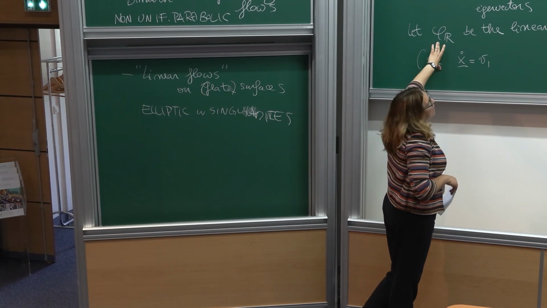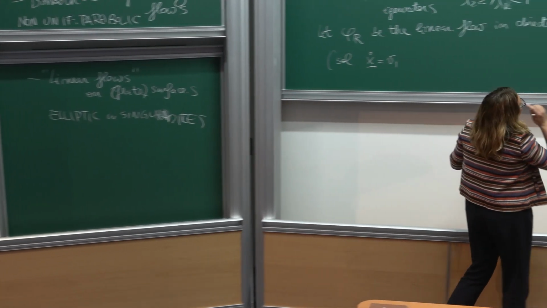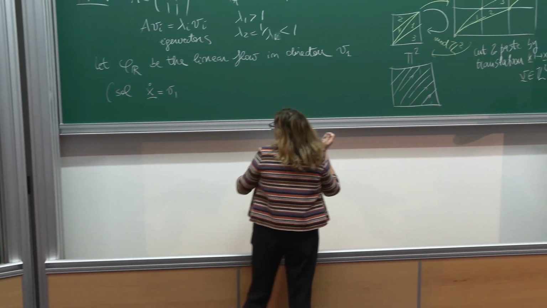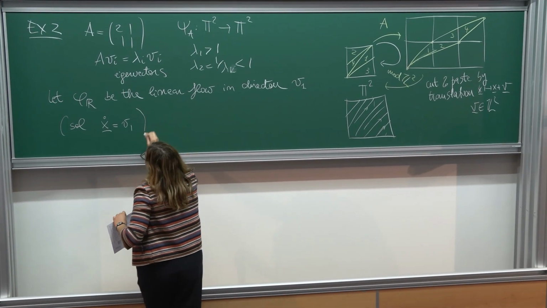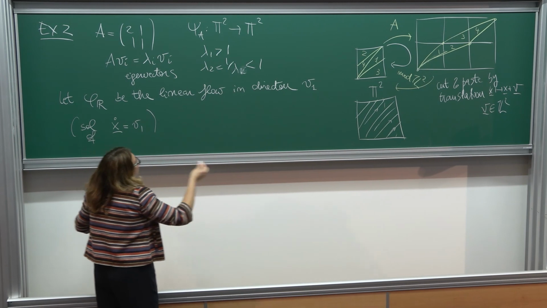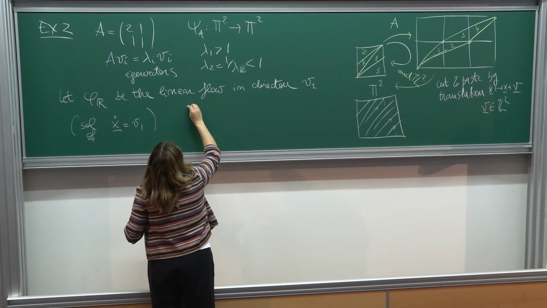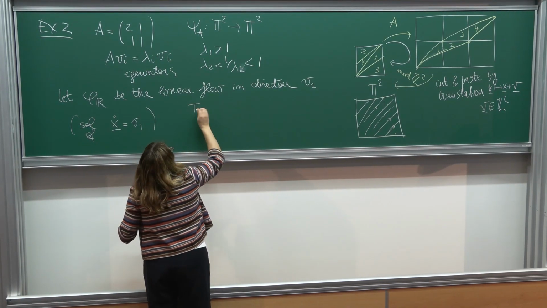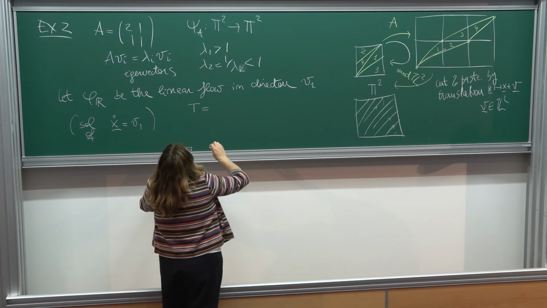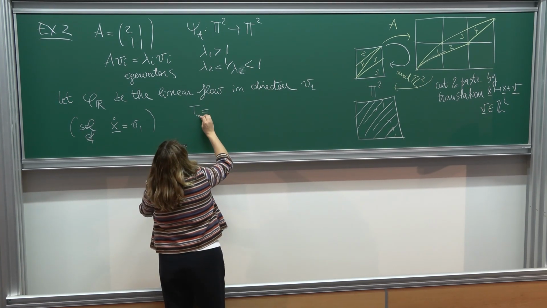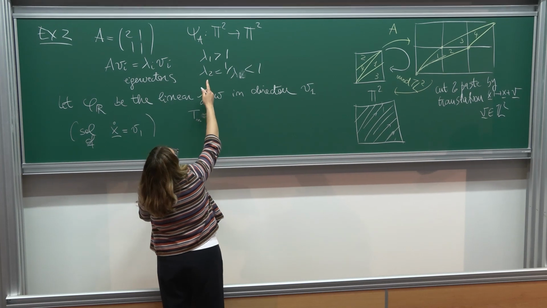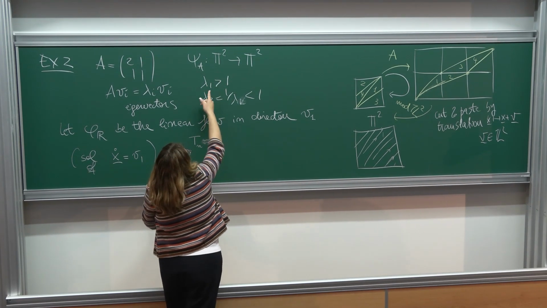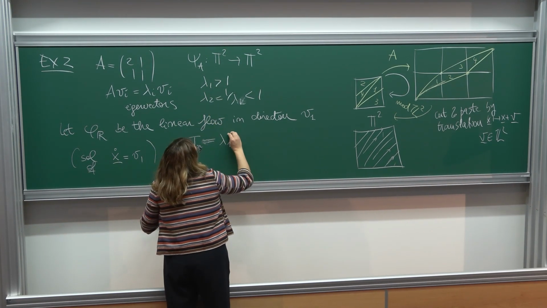And in this case, again, it is simple to see. I can take a long trajectory. Let me take t to be, or let's call it t_n, this time a sequence of times. I cannot take any t, but I can take t of the form lambda 1 to the n.